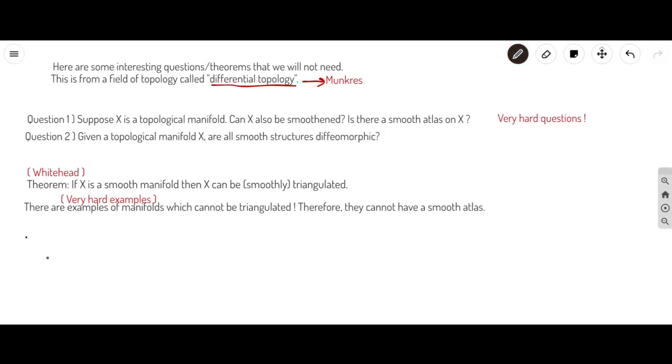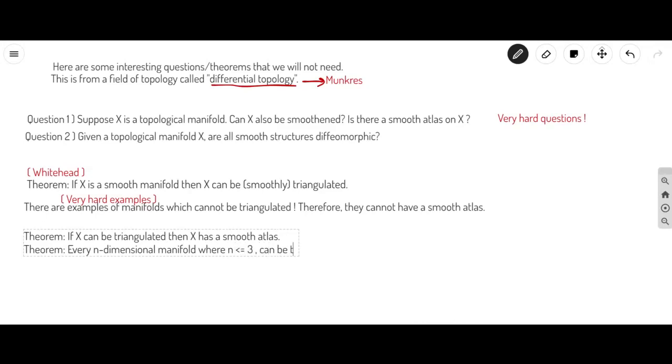Here is another theorem. If X can be triangulated, then X has a smooth atlas. And maybe to say this, every n-dimensional manifold where n is less than or equal to 3 can be triangulated.